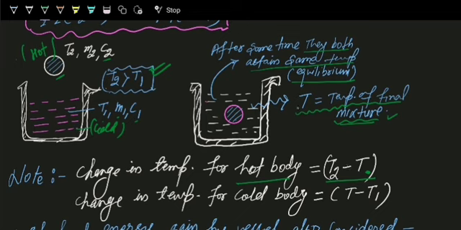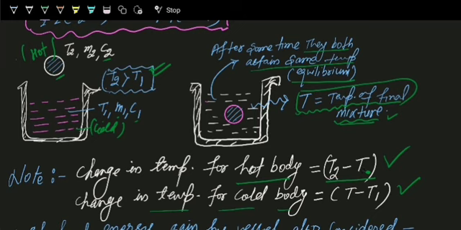The final temperature of the hot body is T, since it is going to attain the temperature T. And the change in temperature for the cold body is equal to T minus T1, because I have written higher temperature minus lower temperature for both the cases.